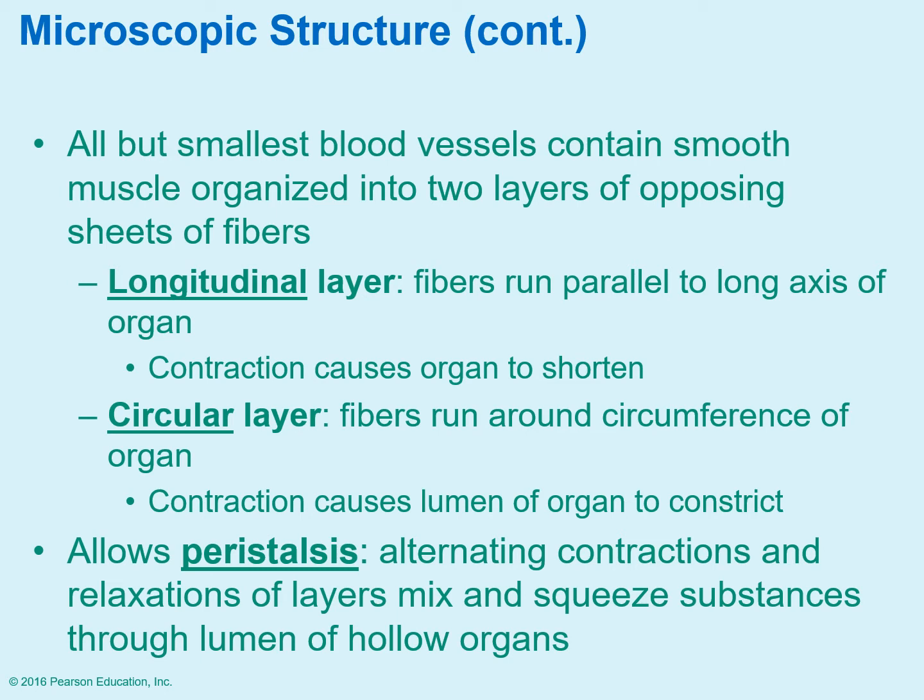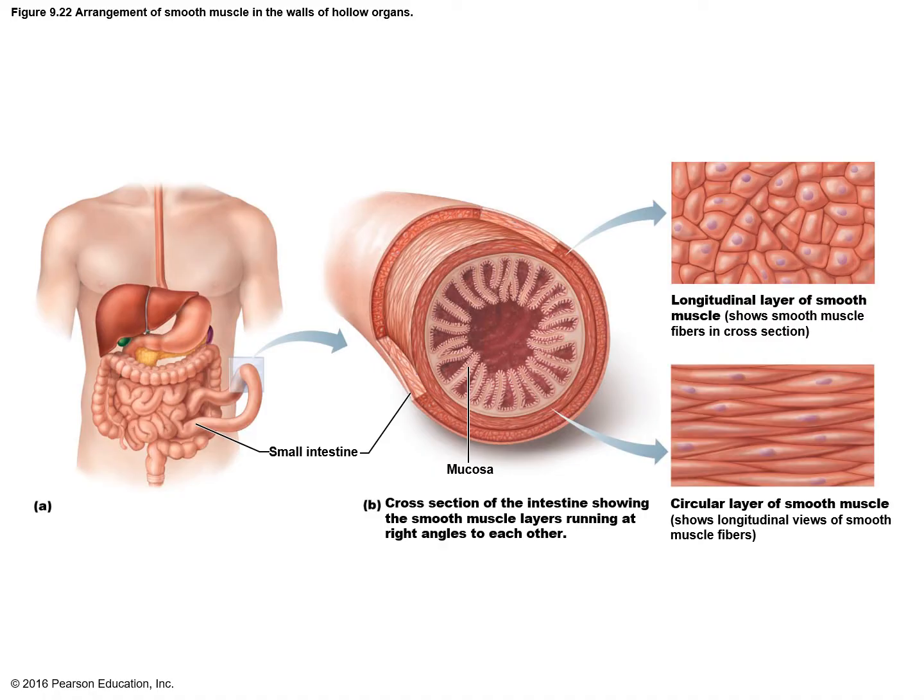It allows for a process that we call peristalsis. Peristalsis is alternating contractions and relaxations. And say if you're looking at the stomach, it allows for better mixing of the substances that are in the lumen, in that open area of it.